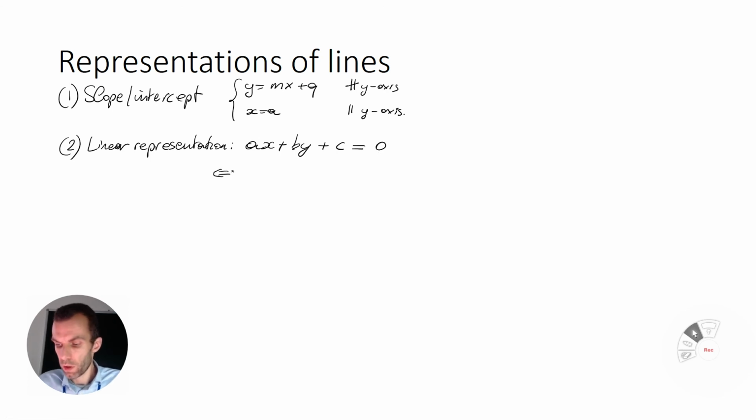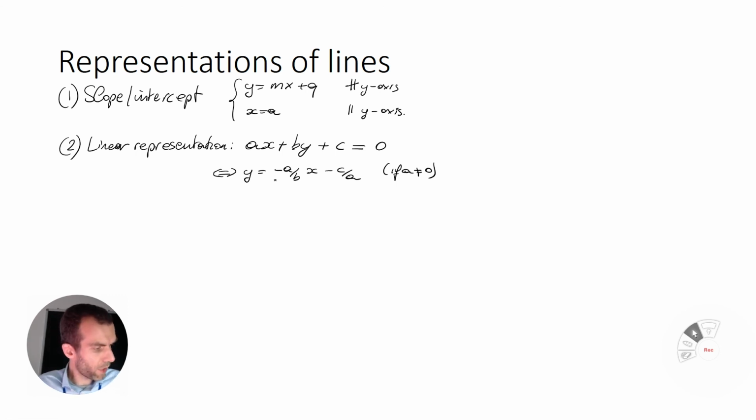So you can always convert this back into the slope representation, at least if b is different from 0, and you will get y equals minus a over b x minus c over b.